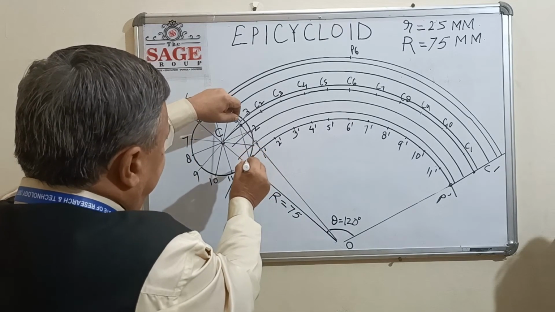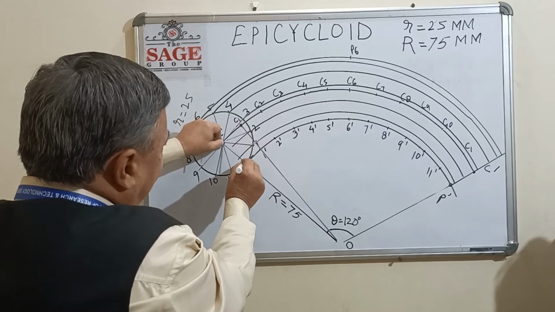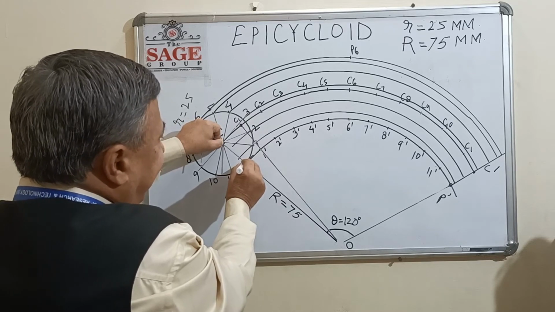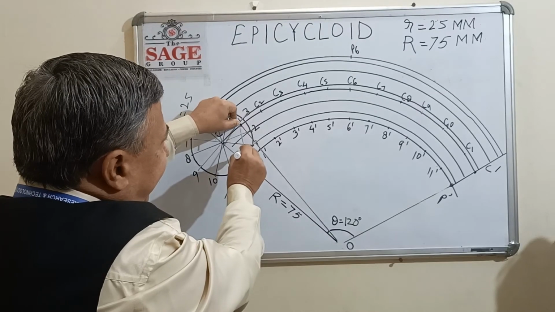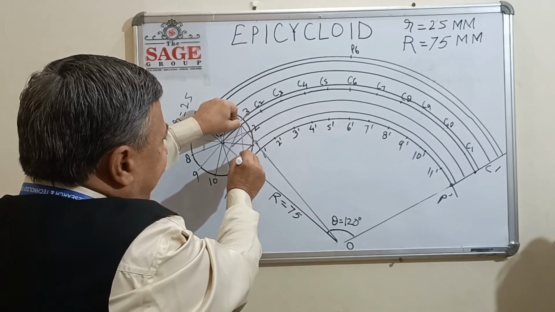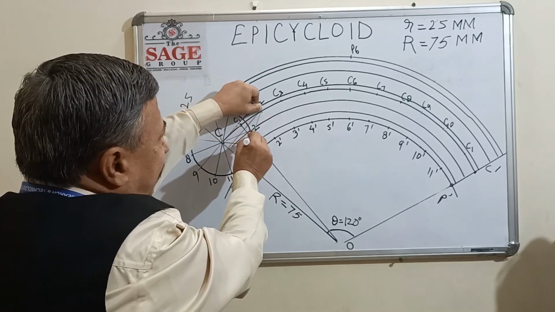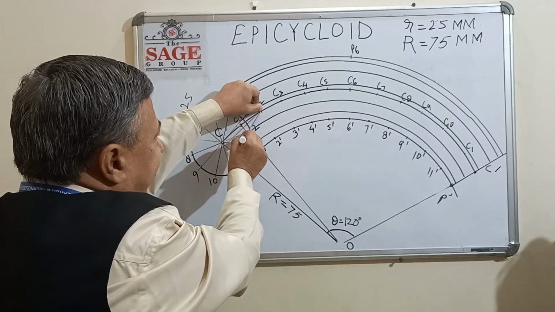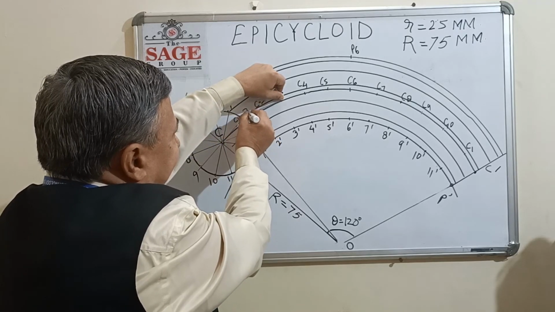Now see, the distance from C to P is small r. Taking it in your compass, and center C1, intersect one arc here. Center C2, intersect one arc here. Center C3, intersect one arc here.